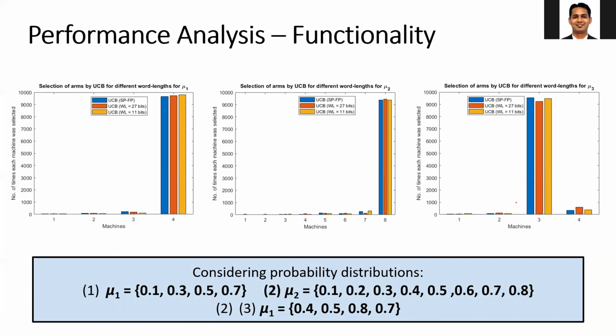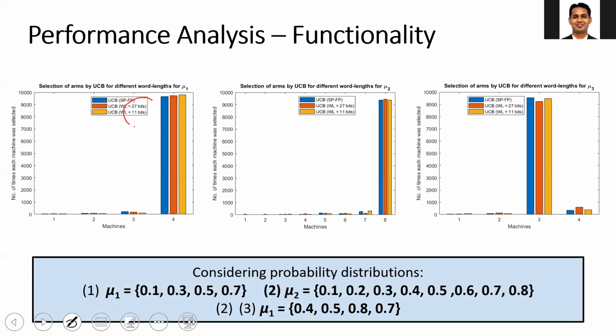In the red color, I have implemented it using a fixed point word length of 27 bits, out of which some bits are for the integer part and some bits for the fractional part. Here we are not going to use the AP int. We are going to use the AP fixed header file, where you can specify the fixed point word length, how many integer bits, and how many fractional bits you want to use.